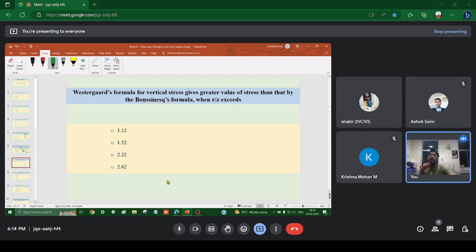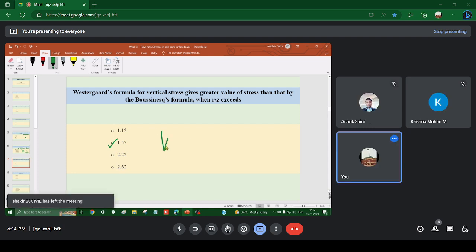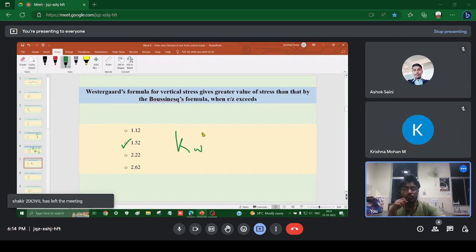Westergaard's formula for vertical stress gives greater value of stress than that by the Boussinesq formula when R by Z exceeds, what is the answer? 1.52. Yes, because for the Boussinesq analysis and the Westergaard analysis, Kw is throughout the given chart less than Kb.